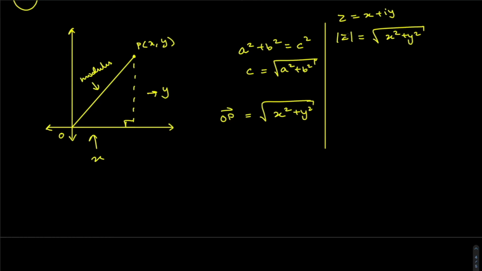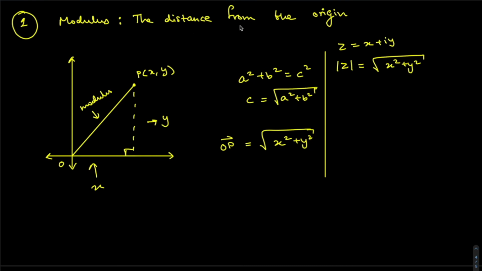What does the absolute value sign always say? That the answer is always positive. The modulus of any complex number will always be positive, because modulus is telling us the distance from the origin, and distance can never be negative.